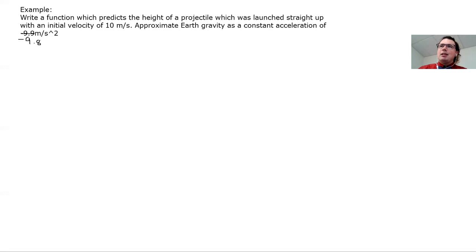So that's going to tell me, at least for one instant in time, that the derivative of my function was 10 meters per second. So I'm going to use, let's say, h of t to be the height of the object t seconds after launch.